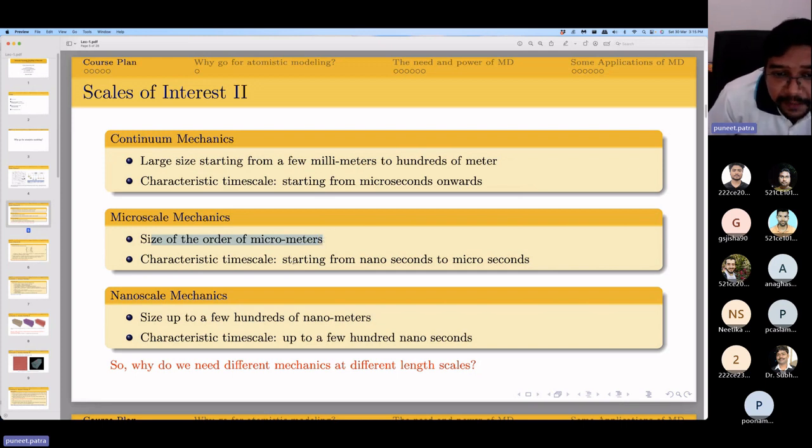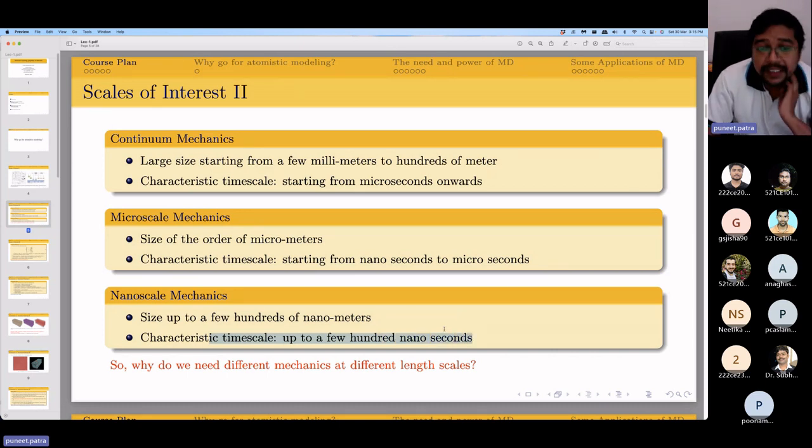And the time scale of interest, for the processes which occur at this microscopic scale, starts from a few nanoseconds and continues until a few microseconds. When it comes to nanoscale mechanics, which is the focus of atomistic modeling, we can go up to a few hundreds of nanometers, and the characteristic time scale is only a few hundred nanoseconds.